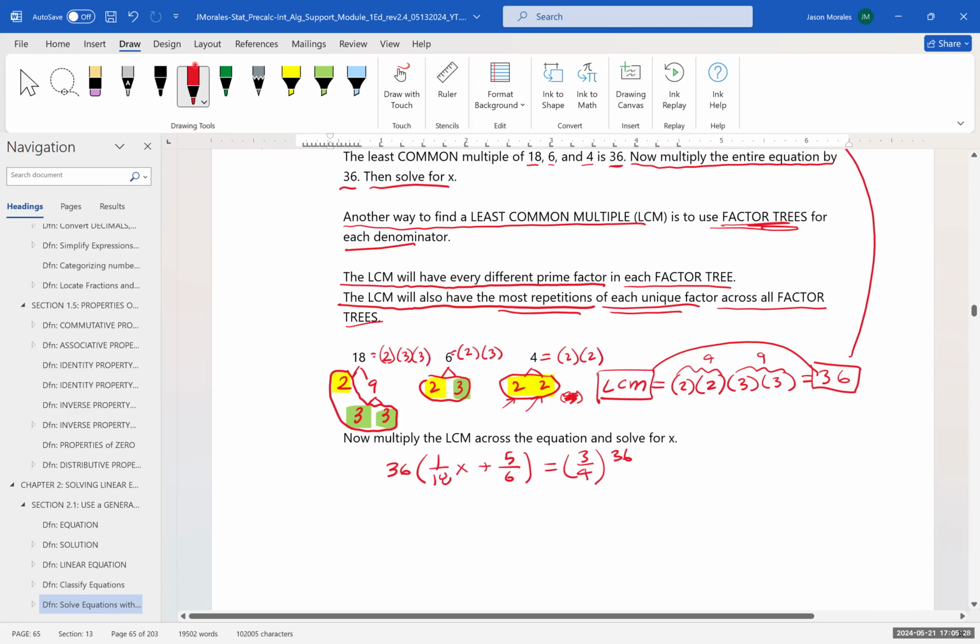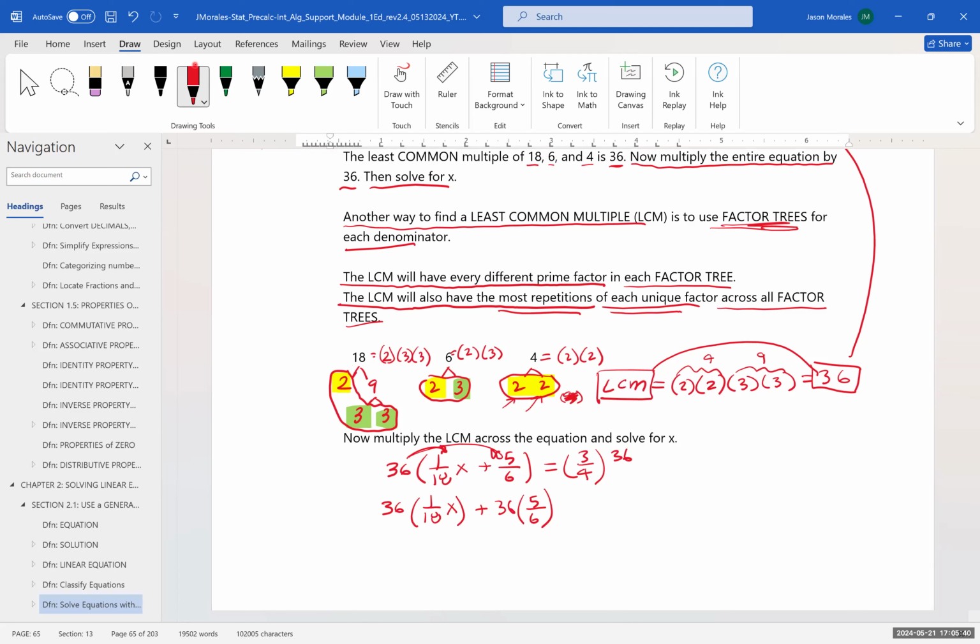So let's write this out. We've got 36 times 1/18 x plus 36 times 5/6. I'm applying the distributive property here. And then we've got 3/4 times 36. Now what you'll notice here is that 36 is in the numerator on all three of these, and we want to be able to cross out common factors.